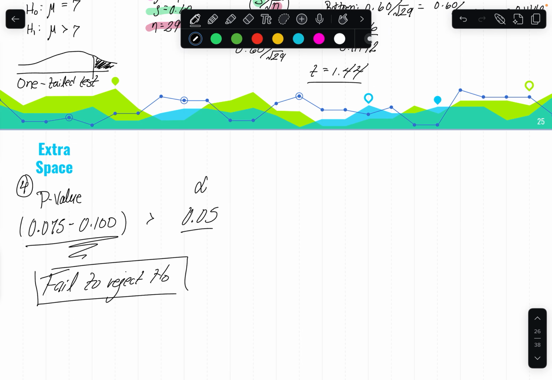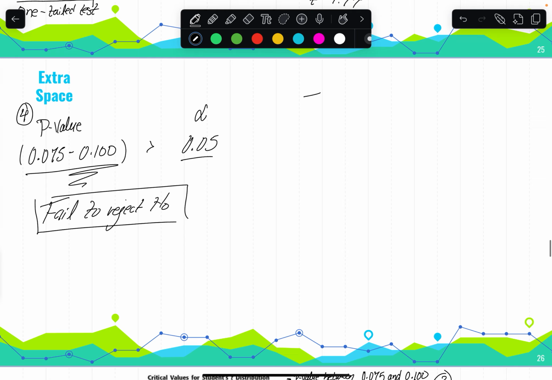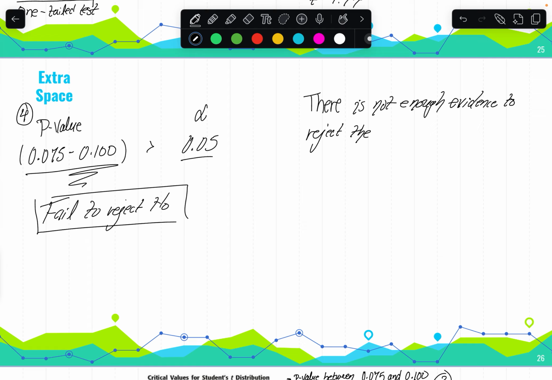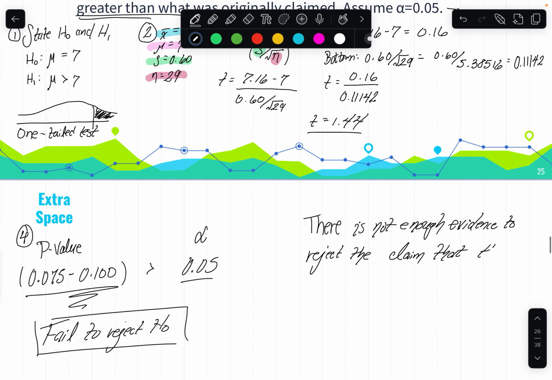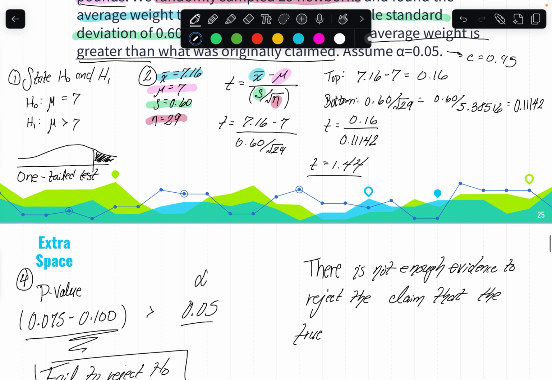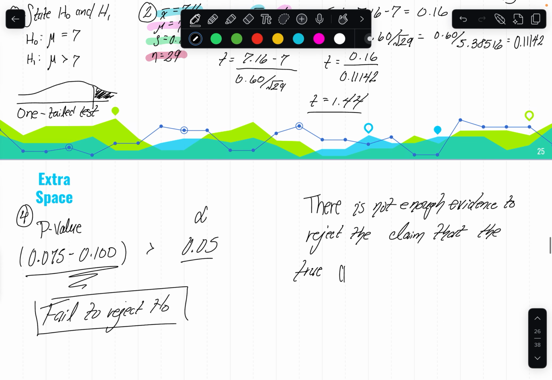You can leave it at the fail to reject part, but to combine it back to the story problem, we can say there is not enough evidence to reject the claim that the true average weight of newborns is 7 pounds.